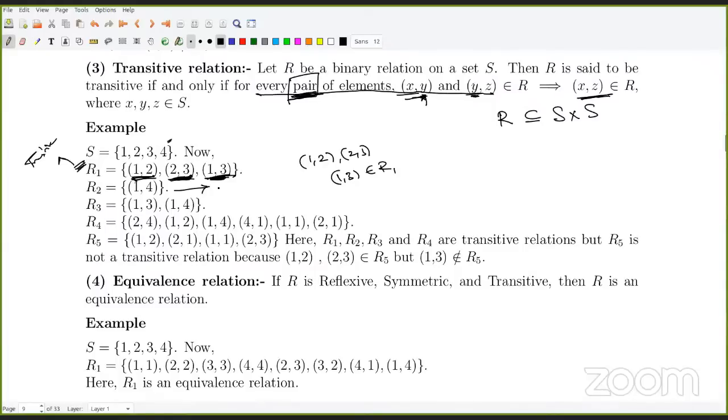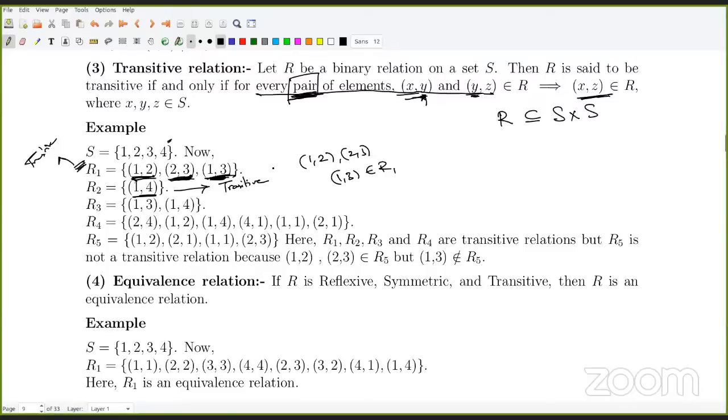Because we have only one element, we don't even have a pair to check for the third element. So with respect to this single element, this is transitive.